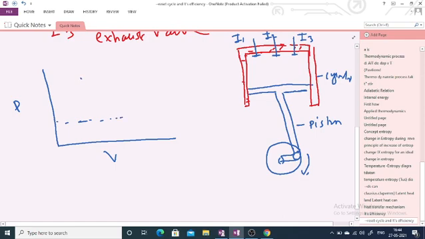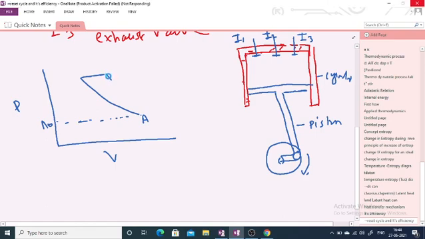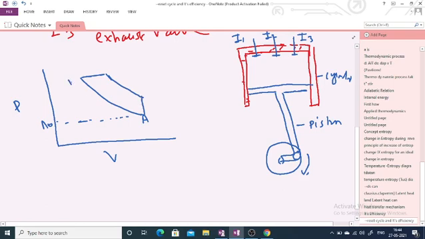This is point D, this is C, and this is D. This is part of the working substance.